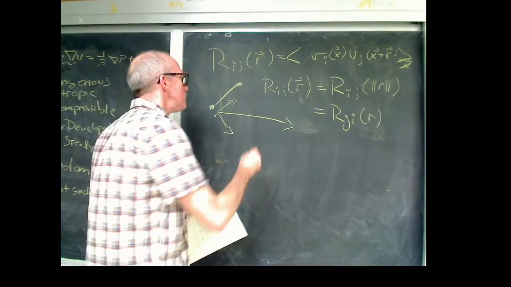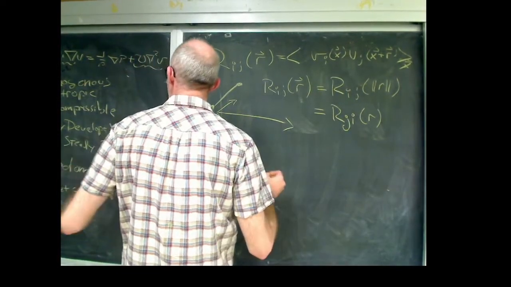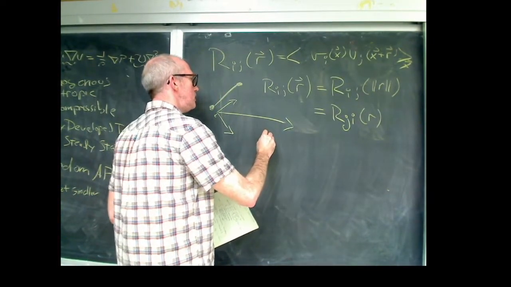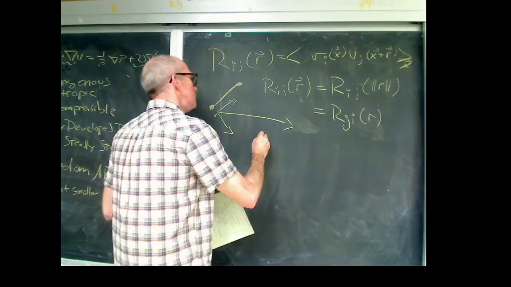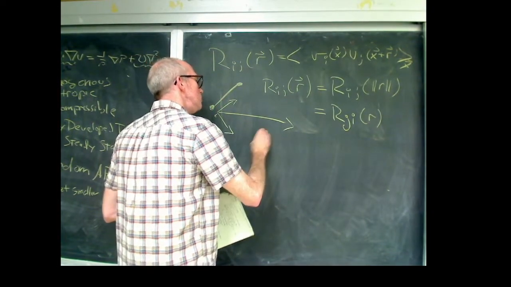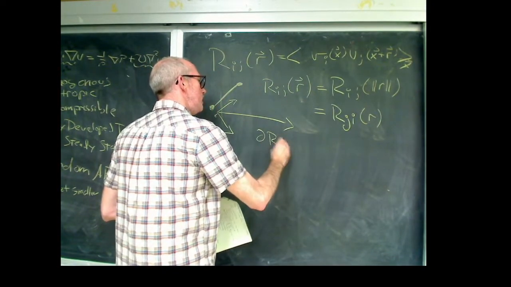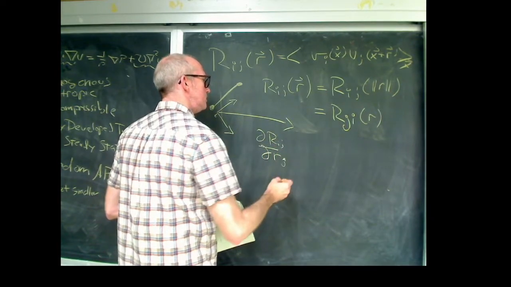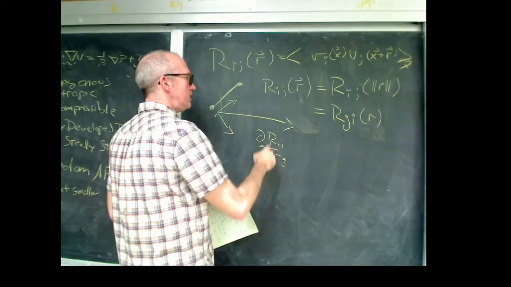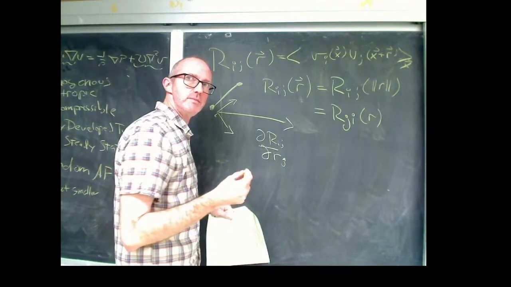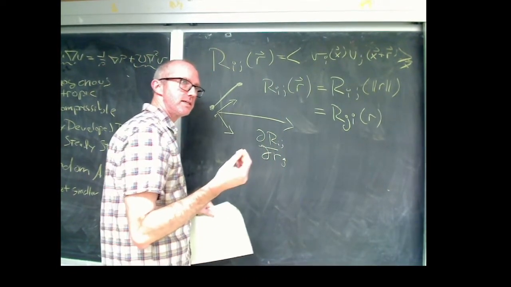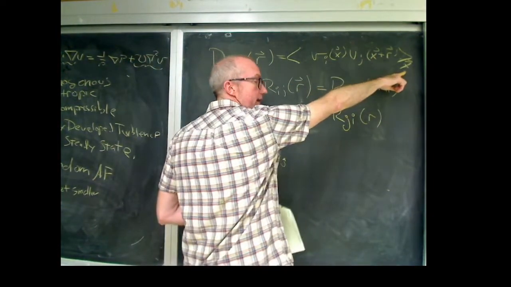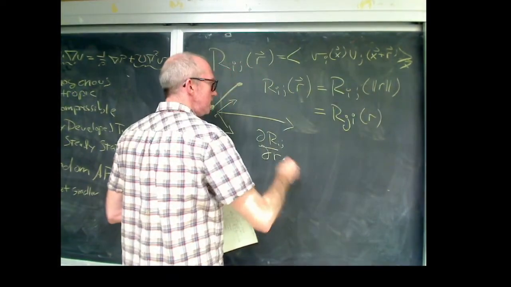We can simplify this further by using the fact that it's incompressible. Incompressible gets you so many useful things in the world. It's a drag when it goes away. Incompressible means that dRij over drj, now this r is this r, Rij doesn't depend on x, it only depends on r. So I can't take a derivative with respect to x, it's 0. There's an x on this side, we average over that x though, it's not a free parameter.